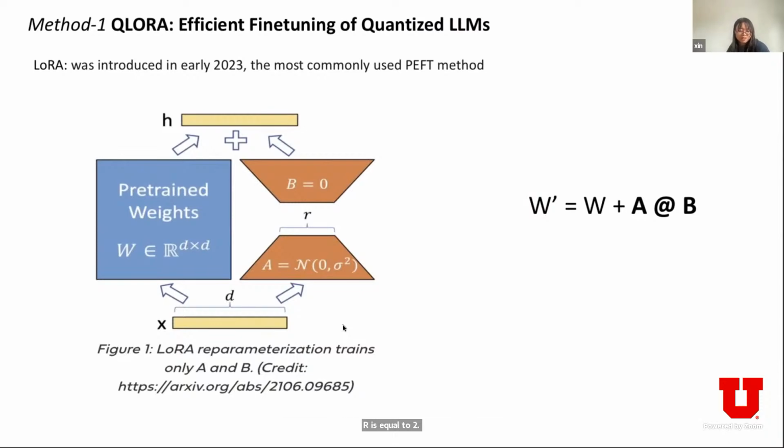So this is the LoRa architecture. During the fine tuning, it only fine tunes A and B, and freezes the pre-trained weights. So you mean between every linear transform block, the actual weight matrix, they add this side component?